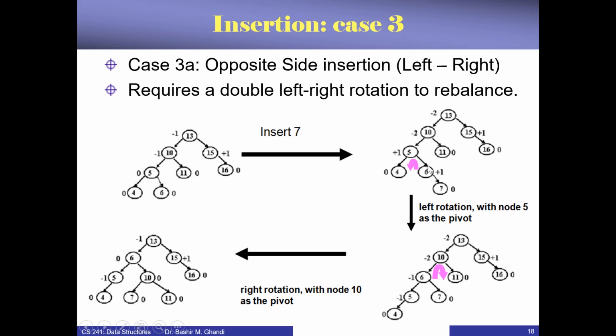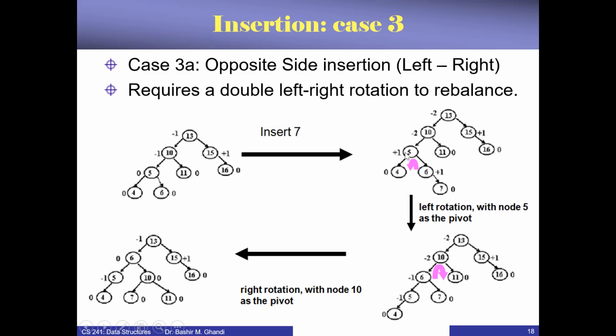So that is the problem. It's a left-right problem. And the last thing is, what is the solution for a left-right problem? The solution is a left-right double rotation. However, as we recall, in the case of double rotation, the first rotation, the left rotation, is done on the left child. So you're going to rotate 5 to the left.